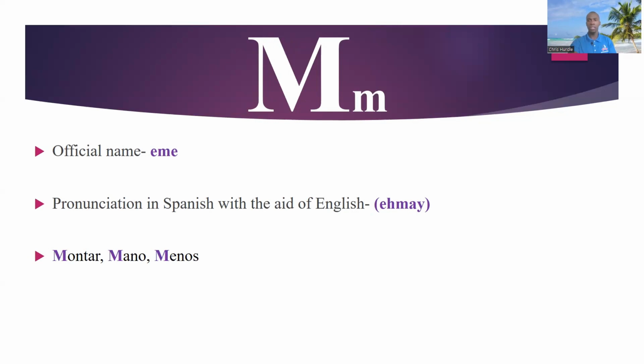Montar actually could have a variety of meanings because it could mean to ride, like to ride a horse or a bicycle. It could mean to start a business, among other things. Mano means hand and menos means less. So M is eme.